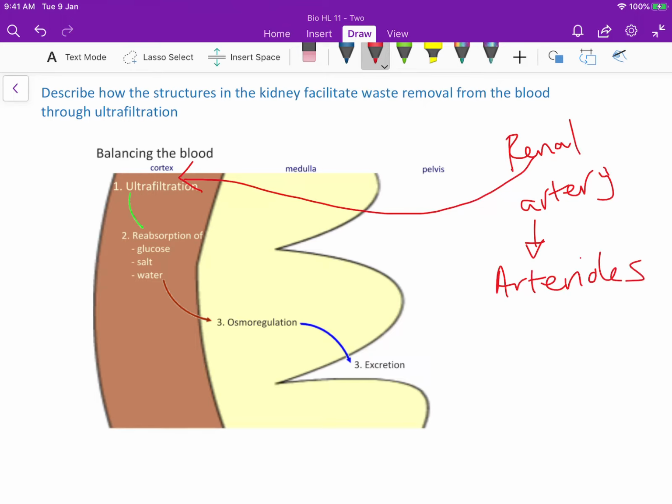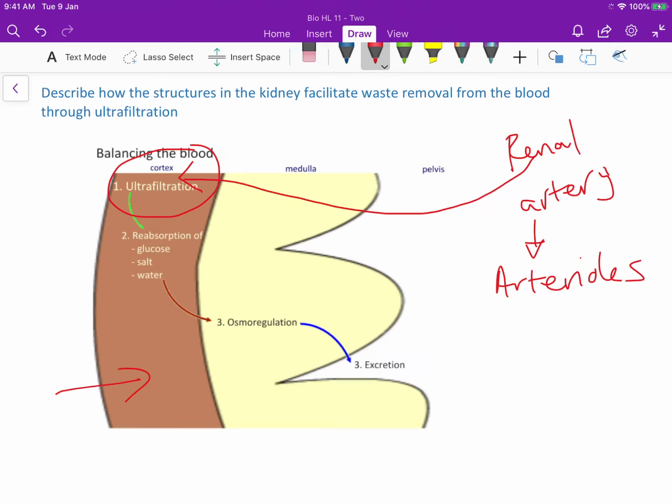So they're small arteries. It's going to split into small arterioles, and then it's going to go through the first step. And the first step is ultrafiltration. So the ultrafiltration that we're going to look at is taking place in the outer part, in the cortex.